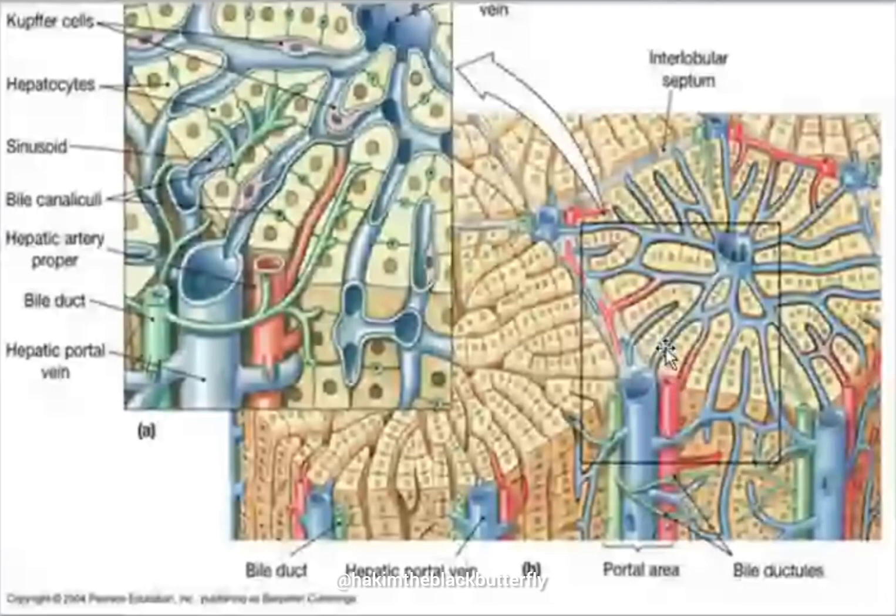The toxic substances are absorbed by the hepatocytes, and that is part of filtration, whereby the toxic substances are absorbed into the hepatocytes, such that by the time blood reaches the central vein, it is less toxic.